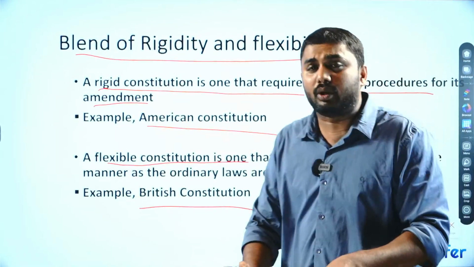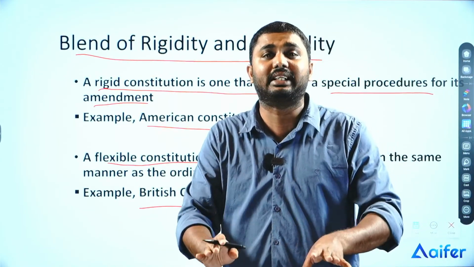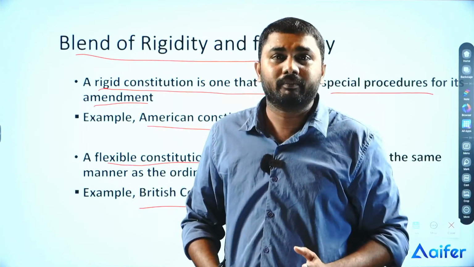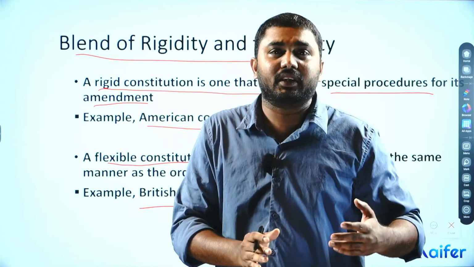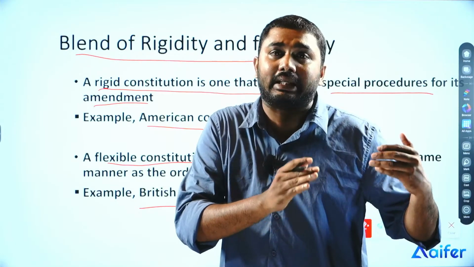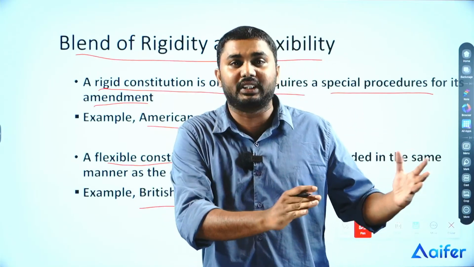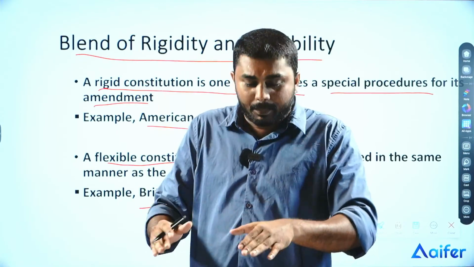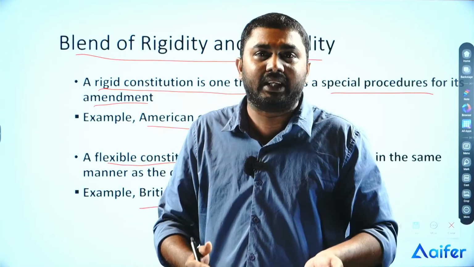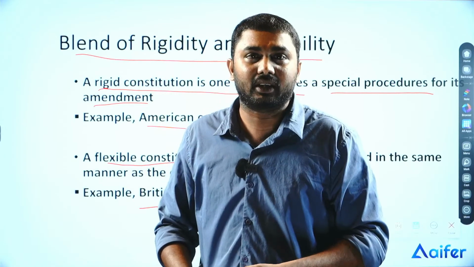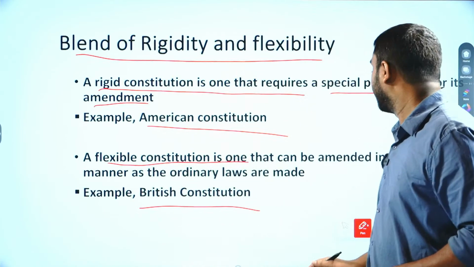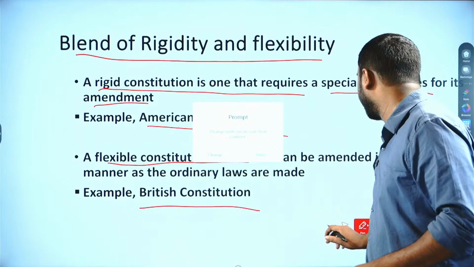The Indian Constitution is known as a blend of rigidity and flexibility because if we want to amend some parts of the constitution, it needs special procedures, but in the case of some other parts, it needs simple procedures. That is the difference. We can move to the next one.